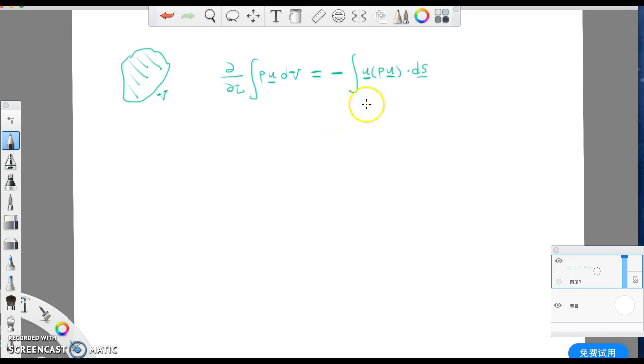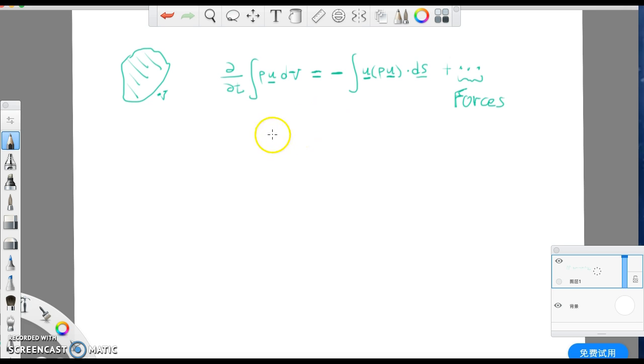This is like a dyadic product dotted with a vector, so you still have a vector inside this integral, okay, and plus whatever forces.